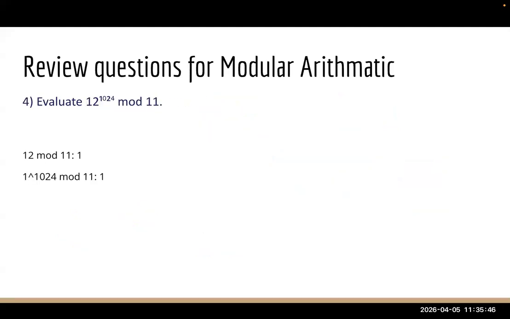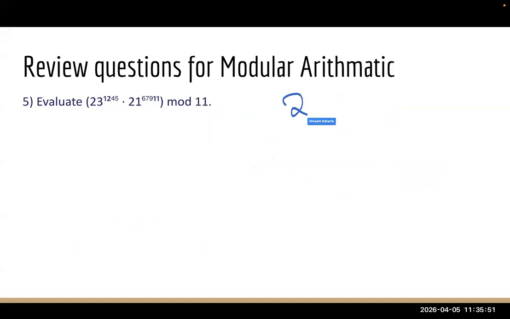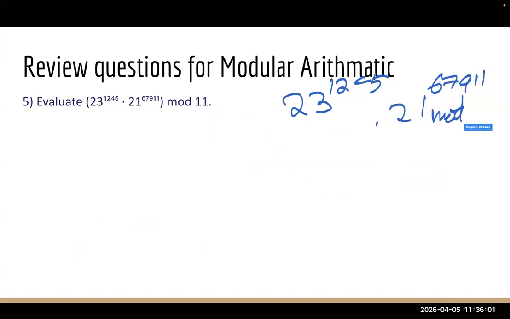So, next question. We have 23 to the power 1245 multiplied by 21 to the power 6791, mod 11.